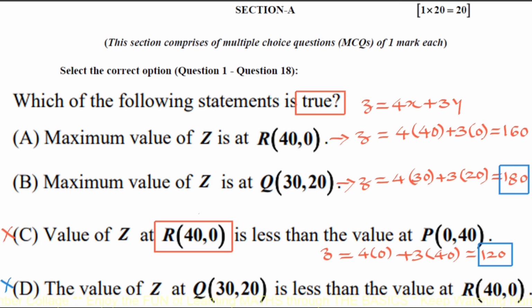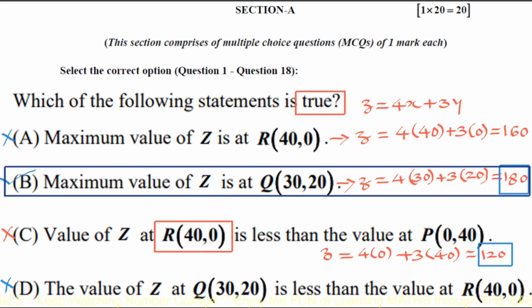The maximum value of z is at Q 30, 20, which is 180, is the correct answer option, whereas the value of z in option A is less than that. So therefore option A is false. Hence option B is the correct answer option.